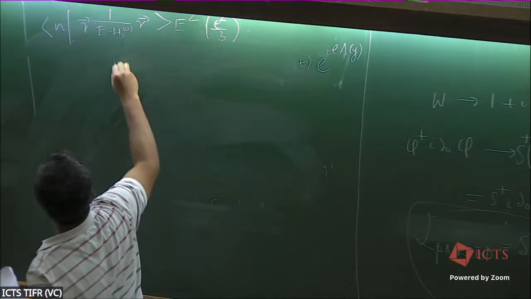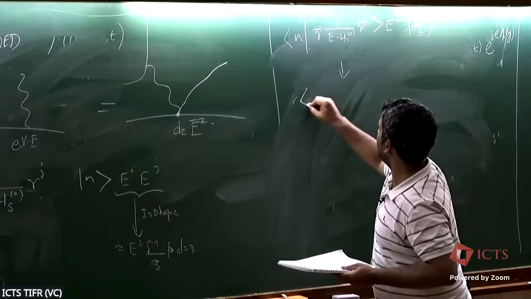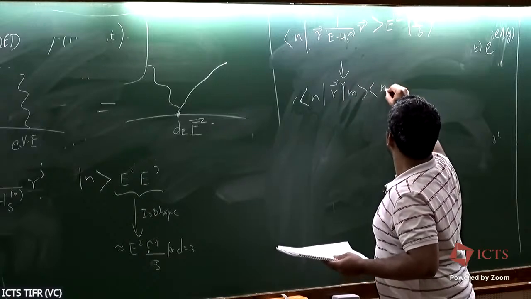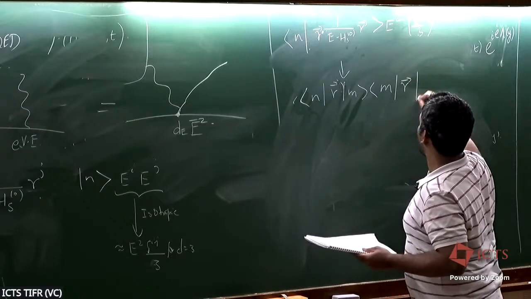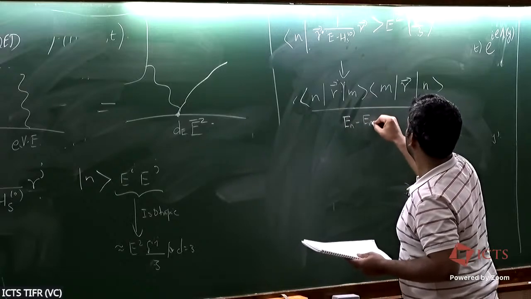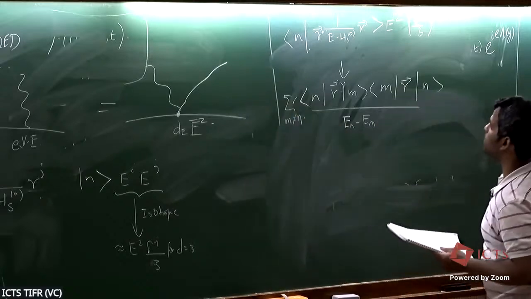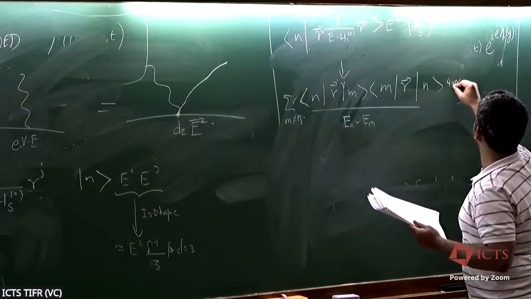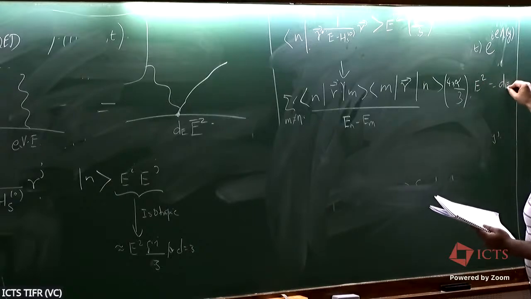So you do that, and what one gets is something like 4 pi alpha by 3, which is E squared, which equals to delta E, E squared.